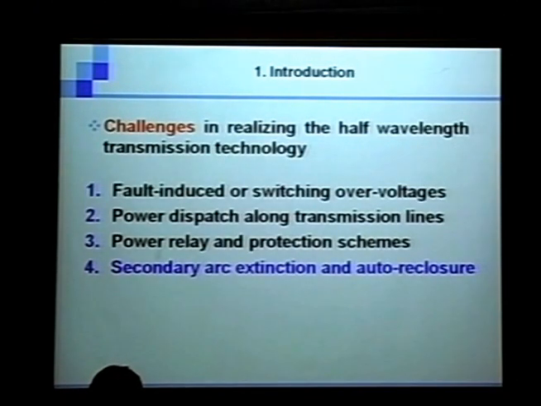There are no four-legged shunt reactors to limit the secondary current. So we must consider what the secondary arc will be and how to extinguish it quickly. So we have done experiments to get the physical behaviors and to form the physical basis. That means to set up a reclosing scheme.